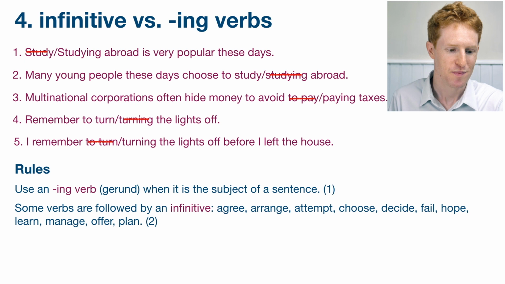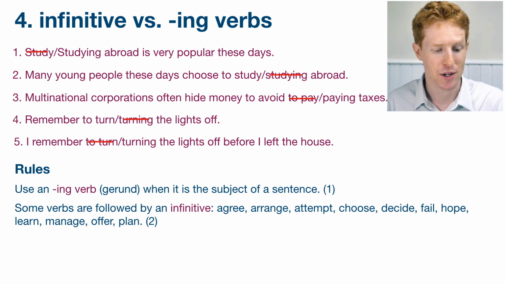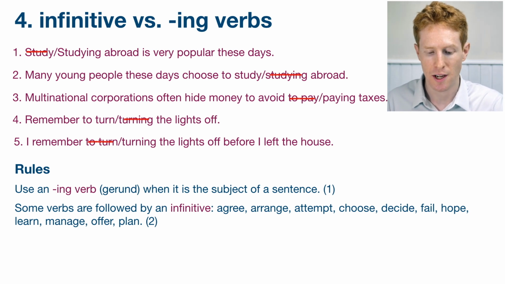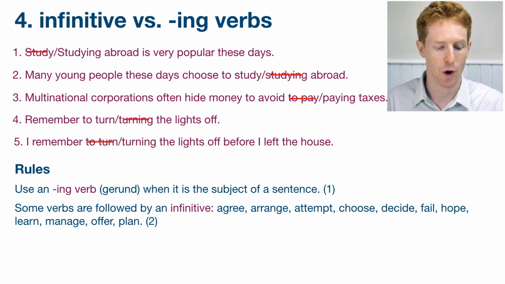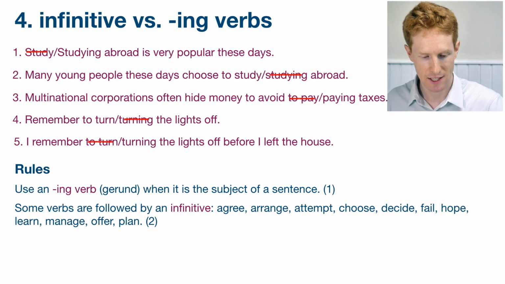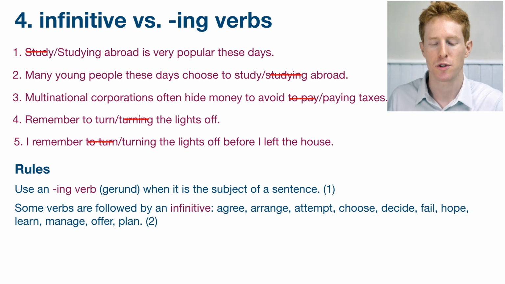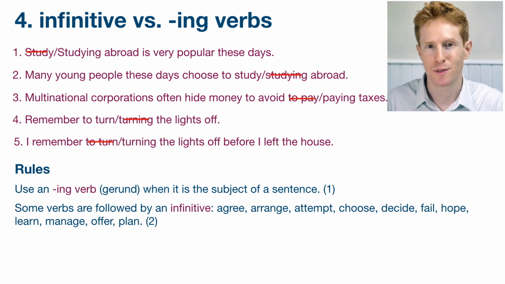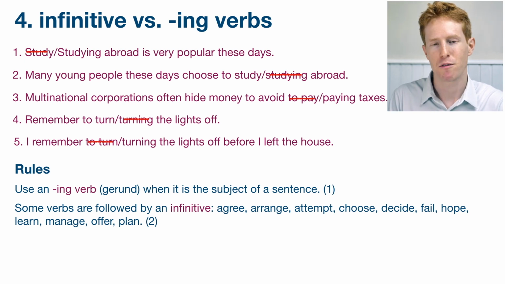The next one. Now, this is just a case of memory. Some verbs are followed by an infinitive. So verbs like agree, arrange, attempt, choose, decide, fail, hope, learn, manage, offer, plan. So we always have agree to meet at 6, arrange to go to the cinema, choose to buy popcorn. These verbs are followed by an infinitive.